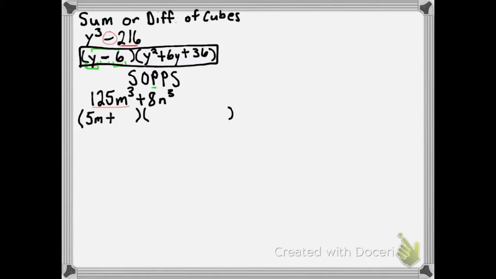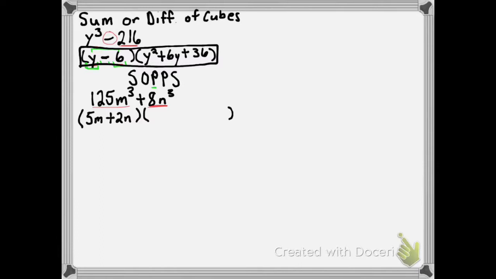And our second term in the binomial is whatever multiplies times itself 3 times to give us this 8n cubed. And so that would be 2n, because again 2n times 2n times 2n is 8n cubed.